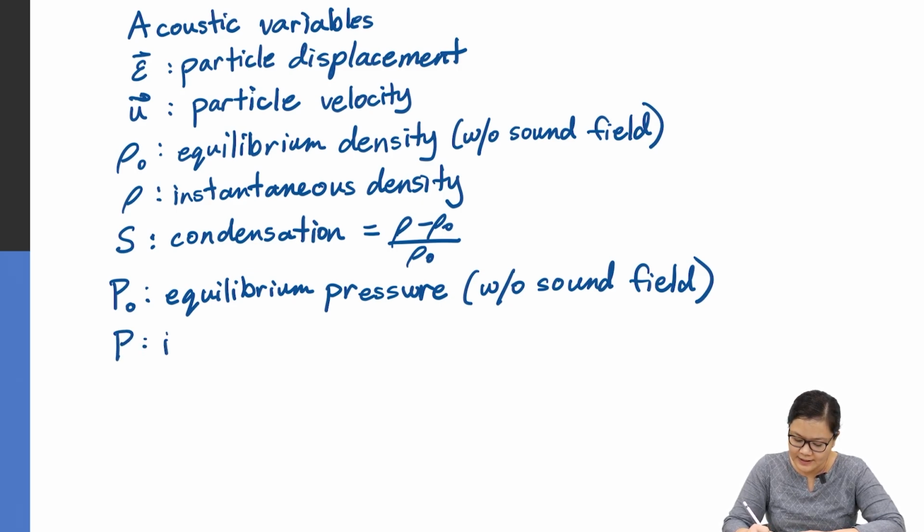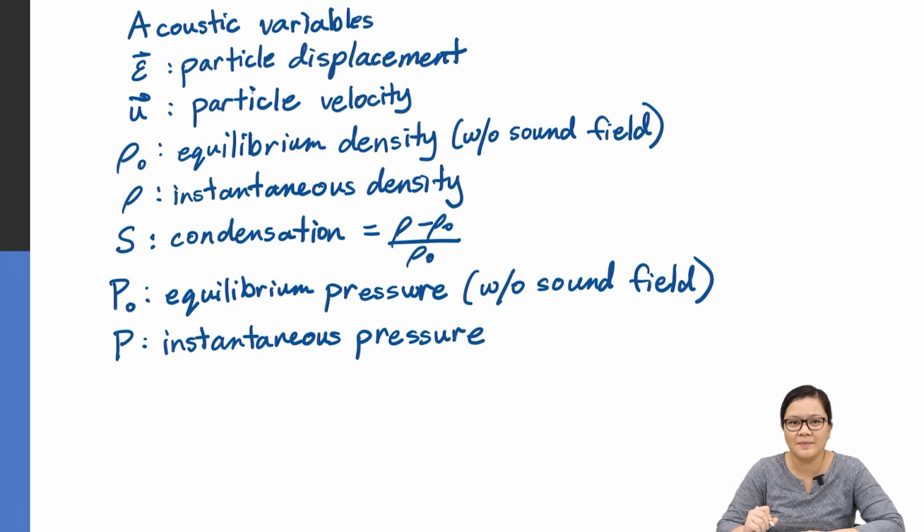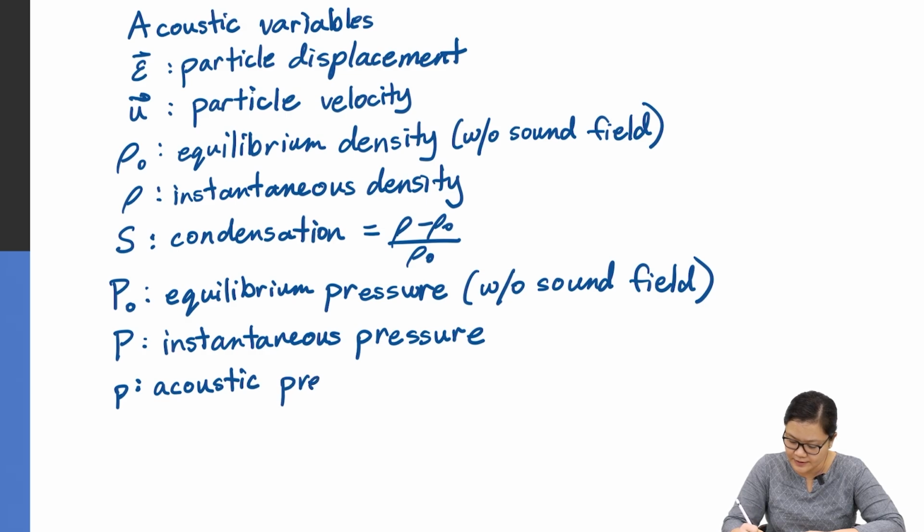Then we also define the instantaneous pressure, which is denoted by P. And that's the instantaneous pressure as the sound field propagates through the medium. Then we define the acoustic pressure, which we have looked into before, and that is denoted by the lowercase p. Acoustic pressure here equals the instantaneous pressure minus the equilibrium pressure.